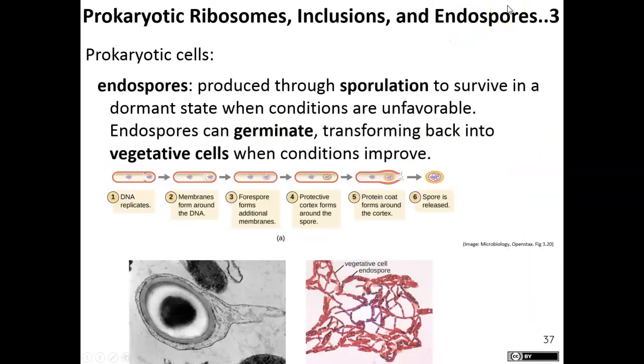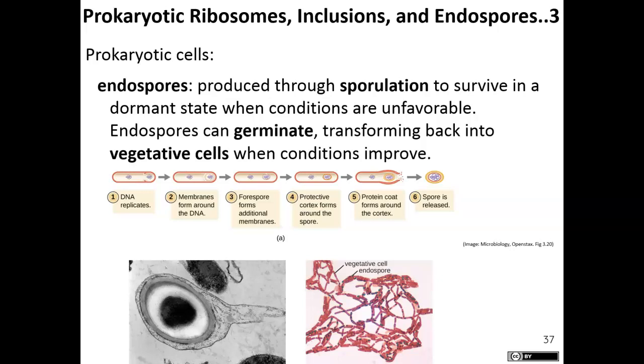And then bacteria also have structures known as endospores. We talked a little bit about endospores when I was talking about the endospore stain, and when we were talking about spontaneous generation and debunking it. Endospores are structures formed when survival is unfavorable for a cell.